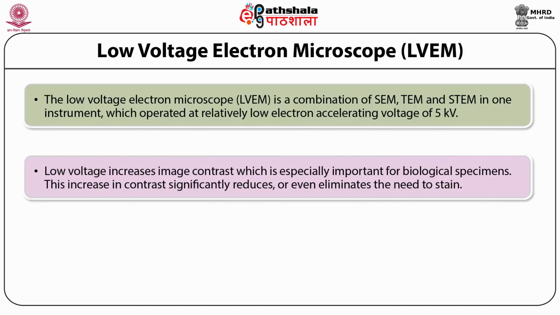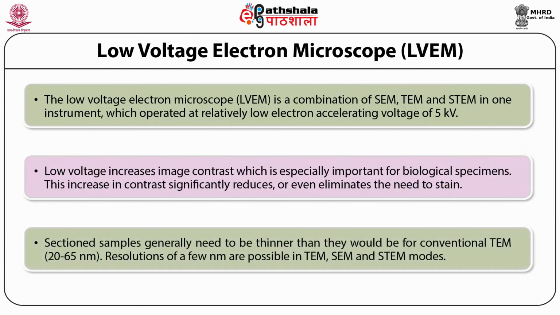This increase in contrast significantly reduces or even eliminates the need to stain. Sectioned samples generally need to be thinner than they would be for conventional TEM, that is from 20 to 65 nanometer. Resolutions of a few nanometer are possible in TEM, SEM, and STEM modes.